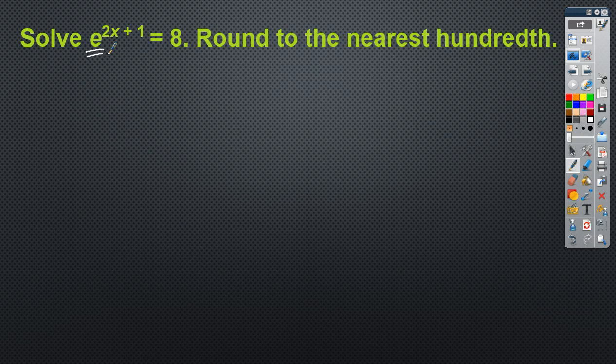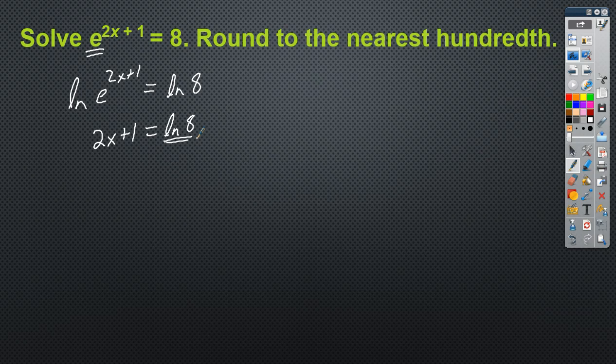Oh, we have a special log for that one. If I take the natural log of both sides, e to the 2x plus 1 is equal to the natural log of 8. These end up being inverses of each other, so my exponent is left alone, equal to natural log of 8. And I just solve for x like normal. Why? Because this is a number. Gotta get past the letters being there. It's just a number that I can put in my calculator.